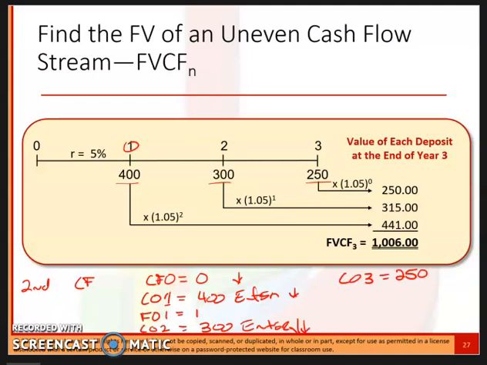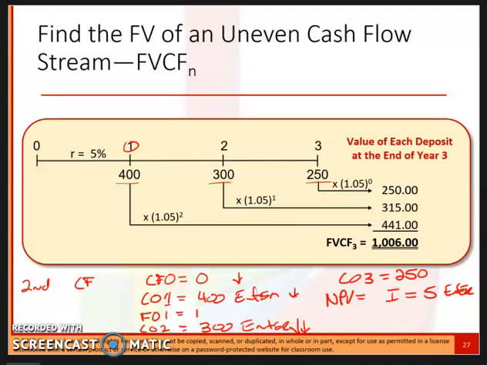And then we hit the NPV key, and then it's going to display I, and you enter 5, enter. There are more examples of this in the problems.